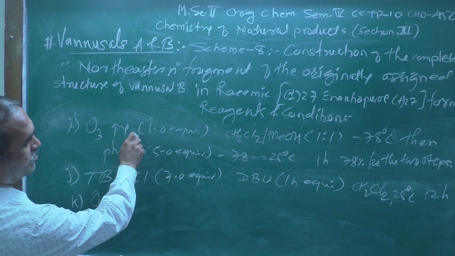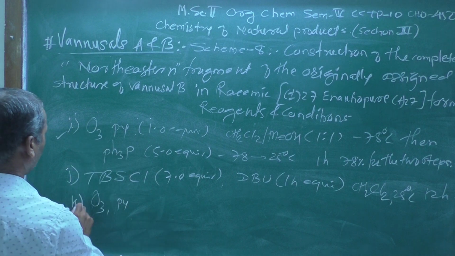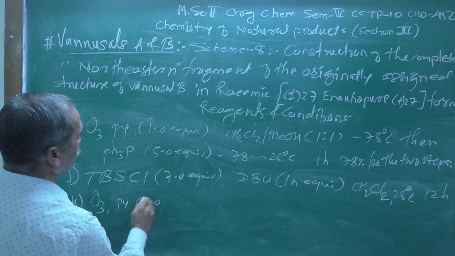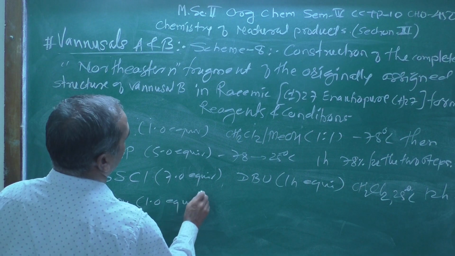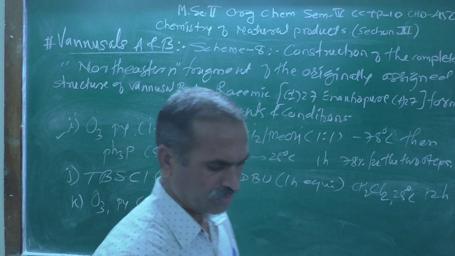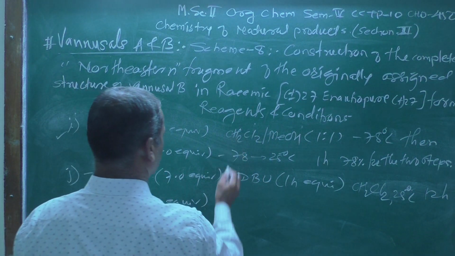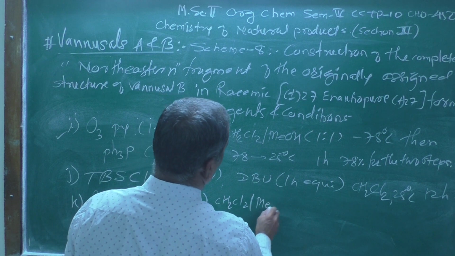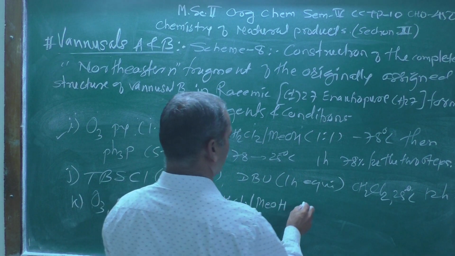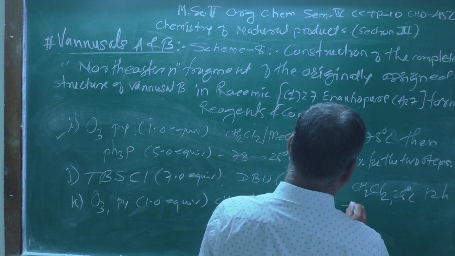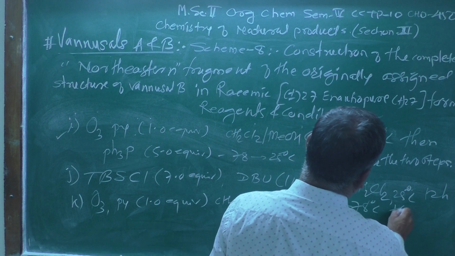This is the same step followed over here, O3, pyridine 1.0 equivalent, then the same solvent CH2Cl2 and methanol in equal proportion of 1:1 and the temperature is kept at minus 78 degrees centigrade.